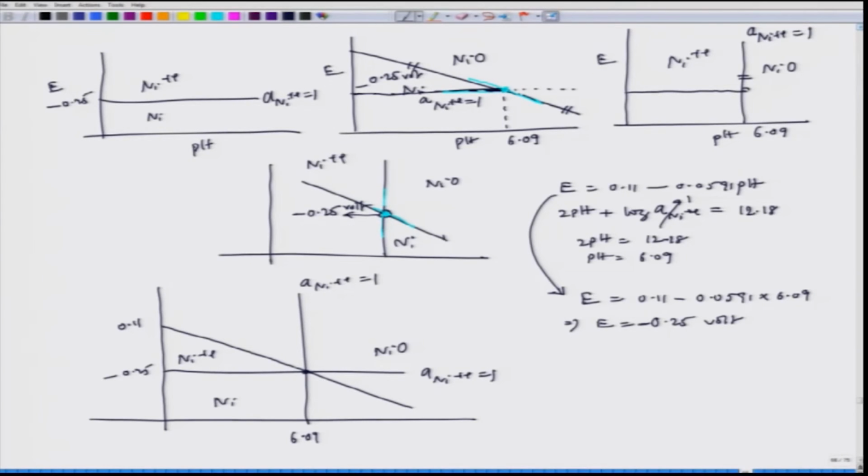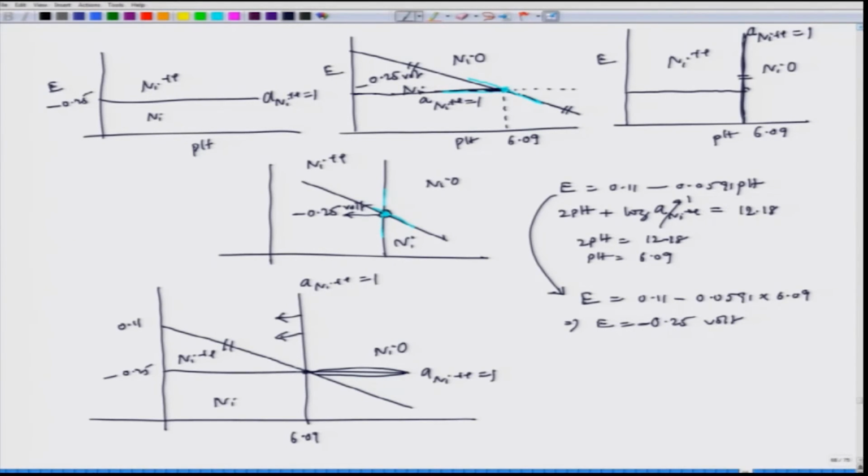Now, interestingly, last time we saw that this particular portion of the line should not exist. We were not sure about this particular line. Now, once we get to this particular line for type 3, we know the left of this line should be Ni plus plus.